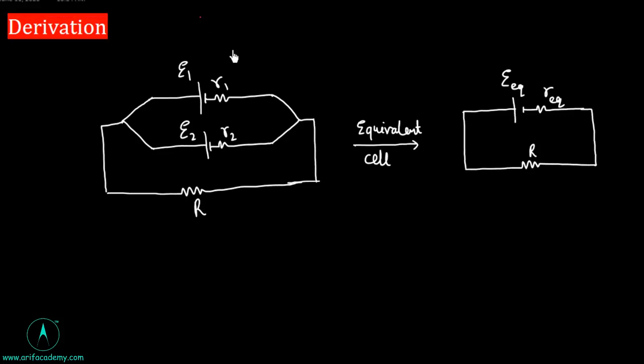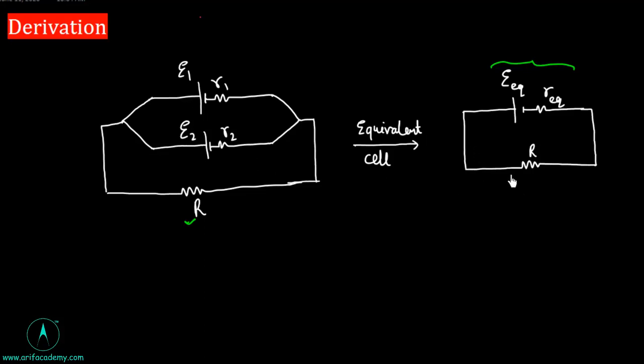We have 2 cells whose EMFs are E1 and E2 with internal resistances R1 and R2, and this is connected with the load resistor R. Now we have to draw an equivalent cell whose EMF is E equivalent and internal resistance is R equivalent. In what condition will this single cell be called the equivalent cell of these two cells?